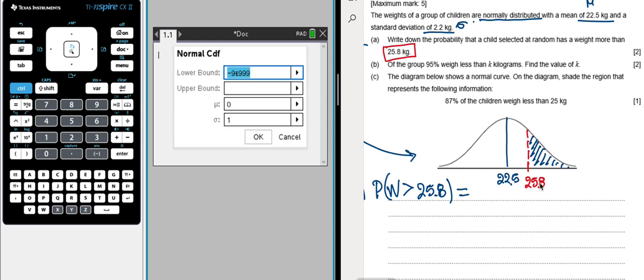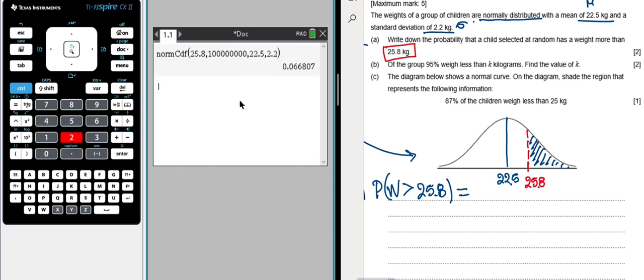The lower boundary is what I see here because I want it to be more, the 25.8, so 25.8. And then the upper boundary can be any large number that's already large enough. We could have used infinity, but we cannot write infinity in the program, so we better use just a little large number. The mean is going to be 22.5, and then the standard deviation is 2.2.